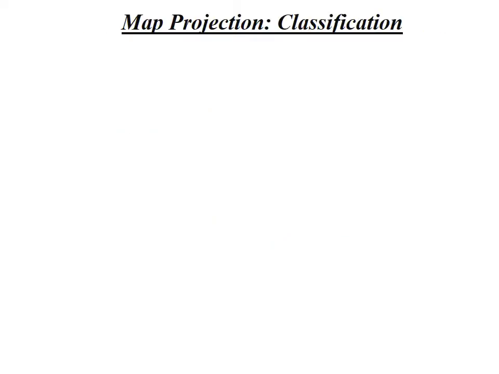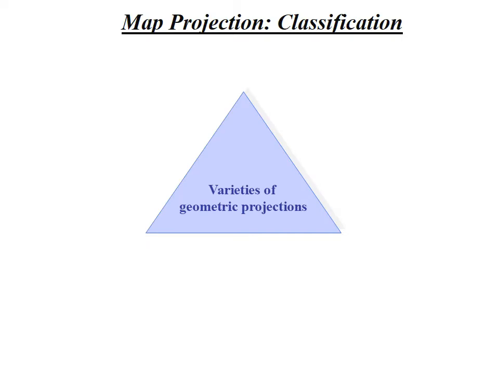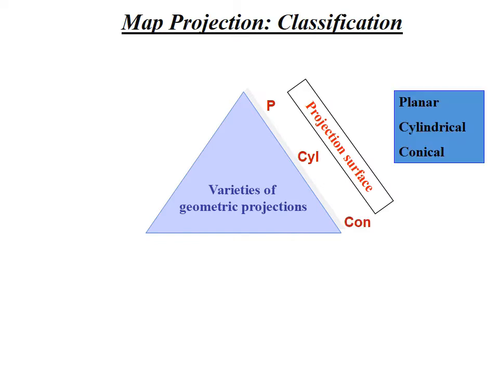The classification of map projection. There are an unlimited number of map projections that have been developed. The nature of these projections is so complex that they often possess one or more common properties. So there is no projection which can be grouped into a single class. But on a general understanding, the variety of geometric projections can be classified based on the projection surface, which can be planar, cylindrical, and conical.